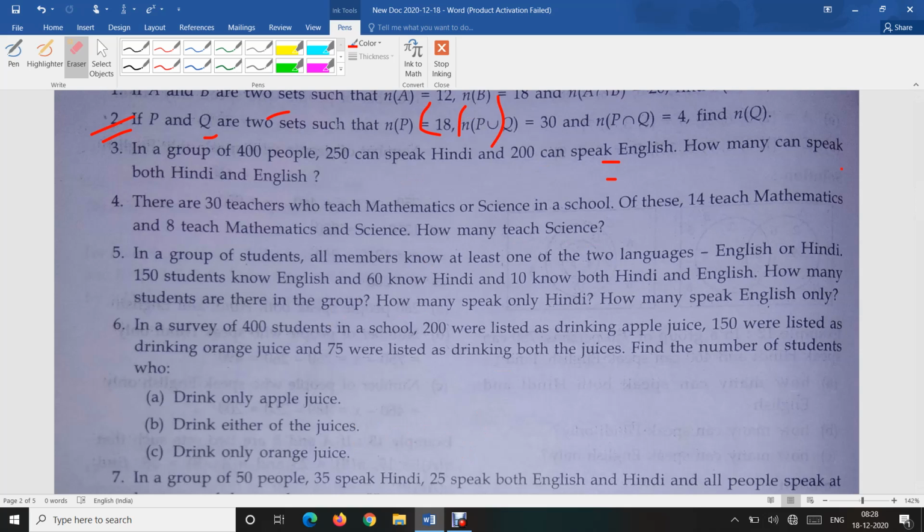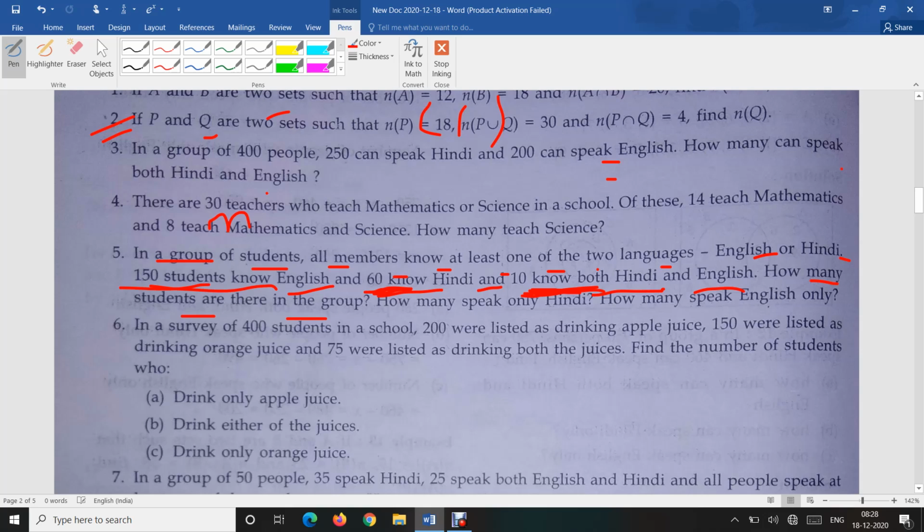Now let us move towards question number 5, which says: in a group of students, all members know at least one of the languages, English or Hindi. 150 students know English, that is n of E, and 60 know Hindi, this is n of H, and 10 know both Hindi and English, that means the intersection portion. How many students are there in the group?